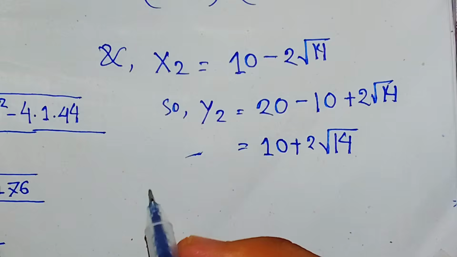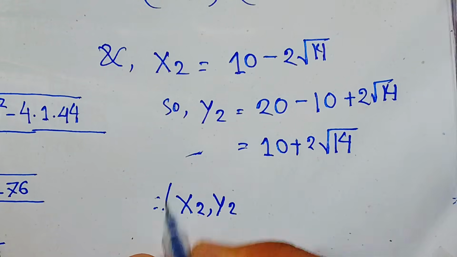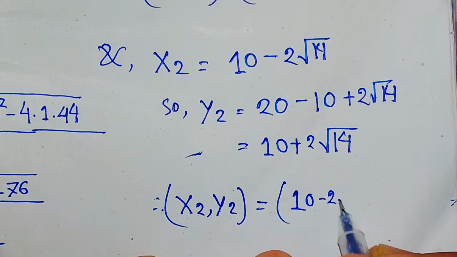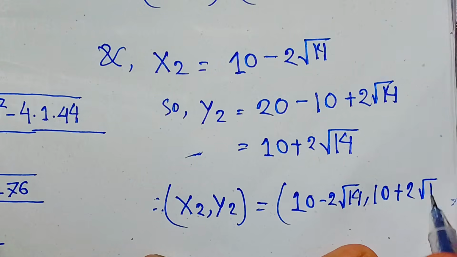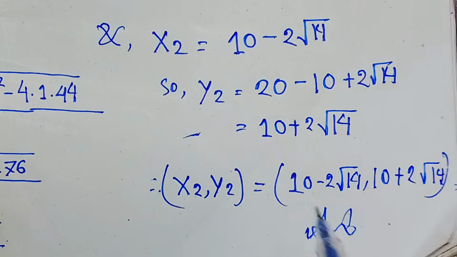So this is our answer: x2 comma y2 is equal to (10 minus 2 root over 14) comma (10 plus 2 root over 14). So guys, this is our final answer.